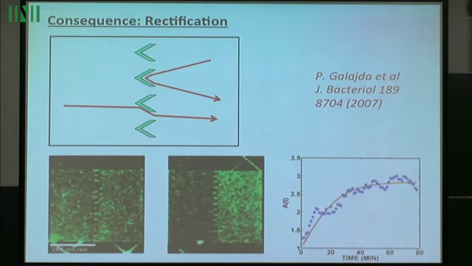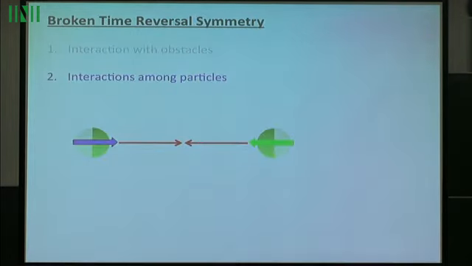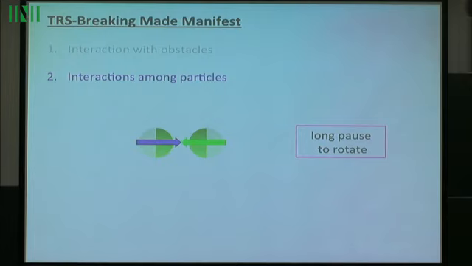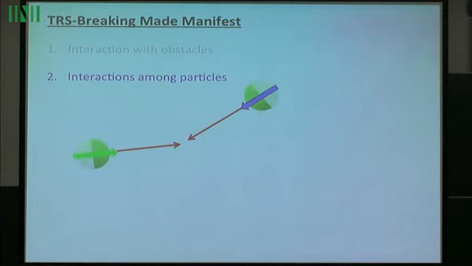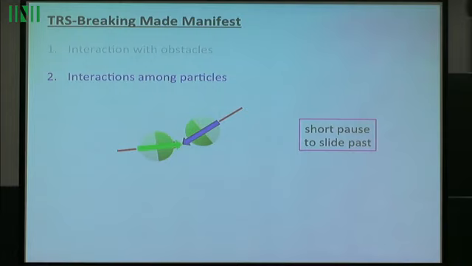So that's one consequence. The other, which Chantal already discussed at some length, was caused by collisions between particles, where two particles which happen to collide head-to-head take a while to rotate and get out of each other's way, whereas if these were coming in the other direction, they wouldn't rotate until they're co-aligned and then come apart.